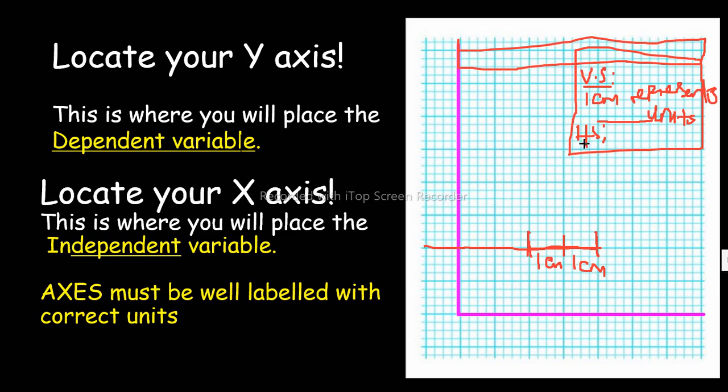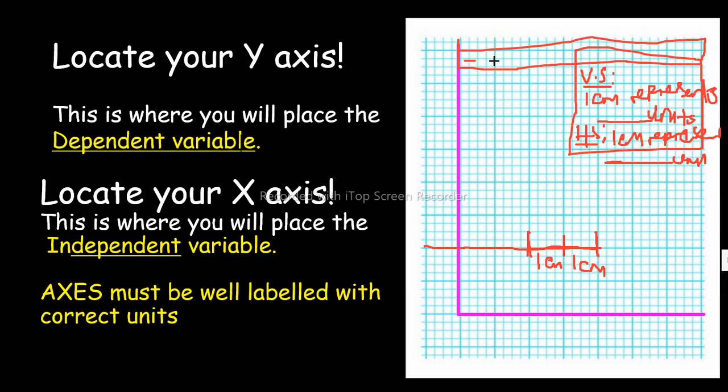You put your units, try to be as neat as possible. So 1 centimeter represents, and then you write your scale with units. If anything is missing here, then we shall not mark.